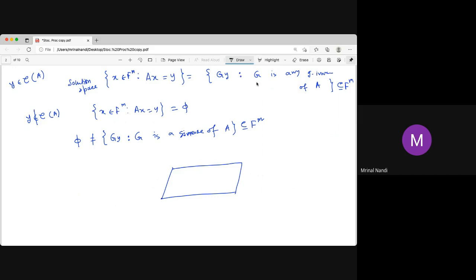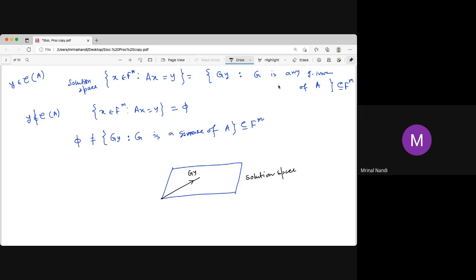This solution space is a subspace. This is also a subspace, and okay, maybe this is your solution space that they are equal. So this is a solution space that may be phi, and now you are taking that in the solution space you are finding some solution gy, and our target is to find such a gy with minimum norm.